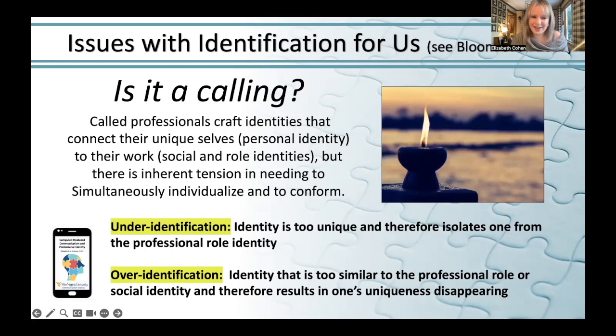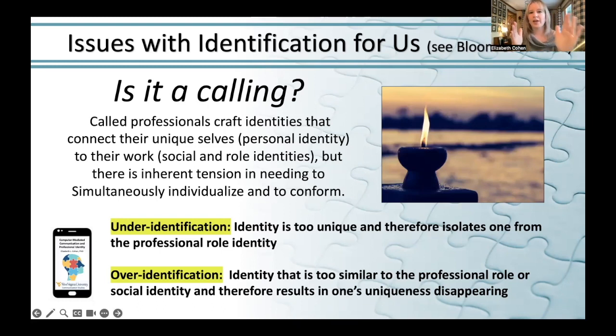That said, you're like, oh, you said it was going to be positive, but you always bring in a negative. Well, it is and it's not. There is, however, obviously this inherent tension to me saying the great thing about a calling is that it enhances uniqueness, it taps into you as an individual, but the whole point is to connect with some sort of organization or some sort of role, some sort of line of work.